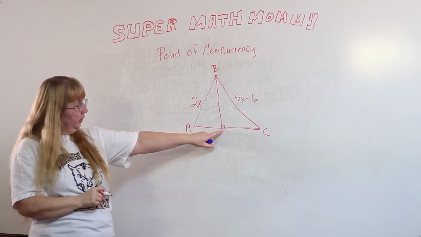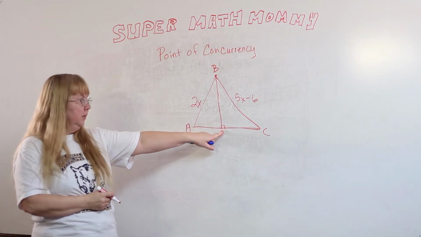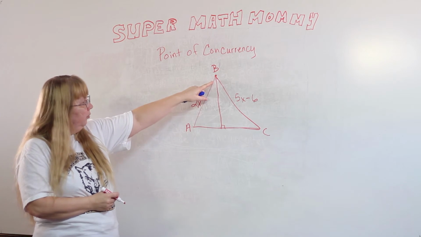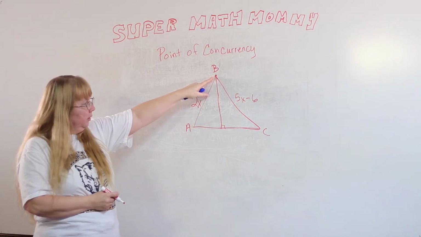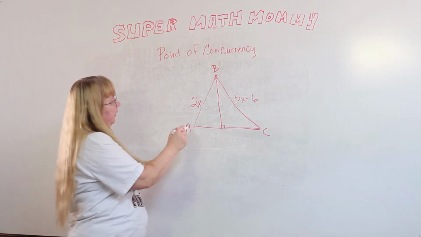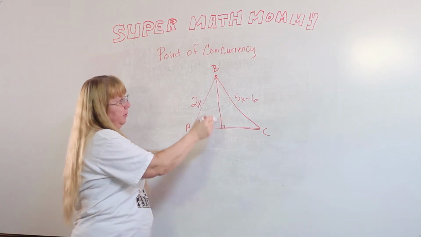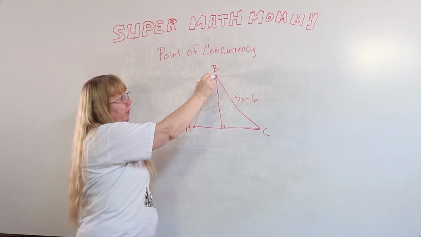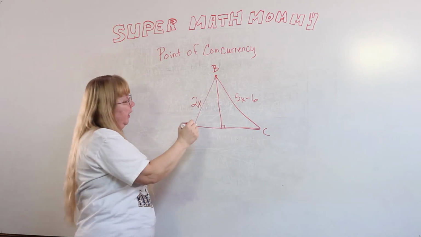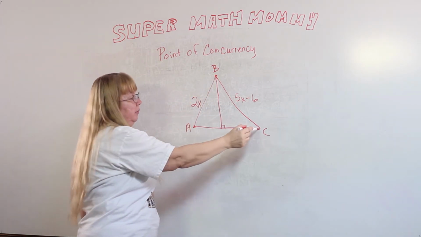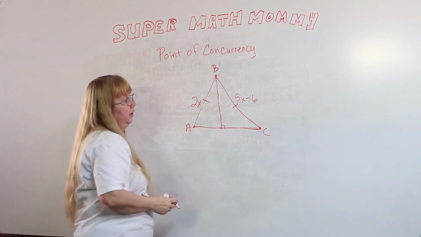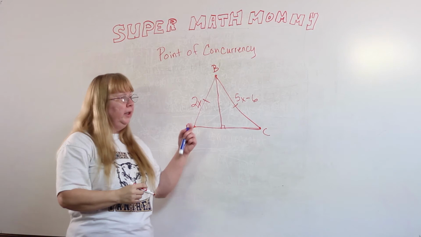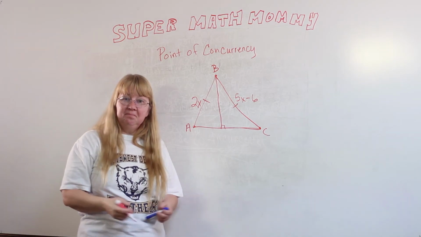So if I know that this is a perpendicular bisector, I know that it's hitting the vertex. So my theorem told me that if I take a point on my perpendicular bisector, and I go to the end segments from there, these two lines are going to be congruent. Knowing that, can I solve for x?